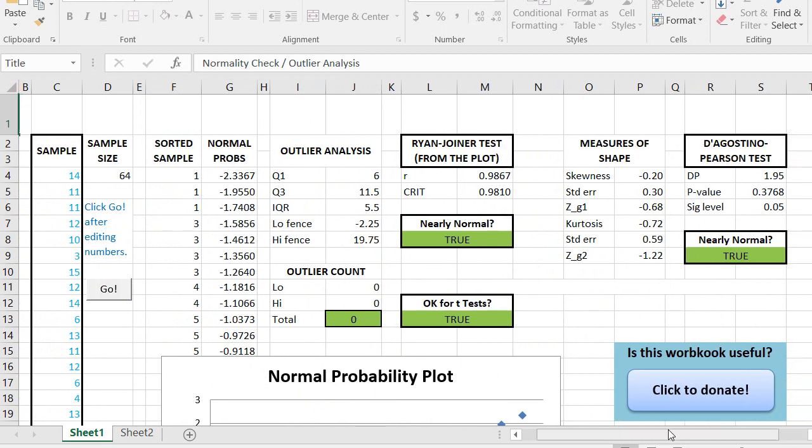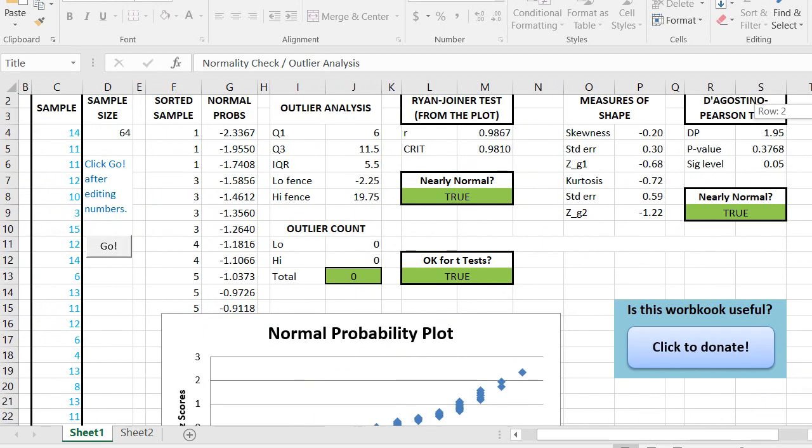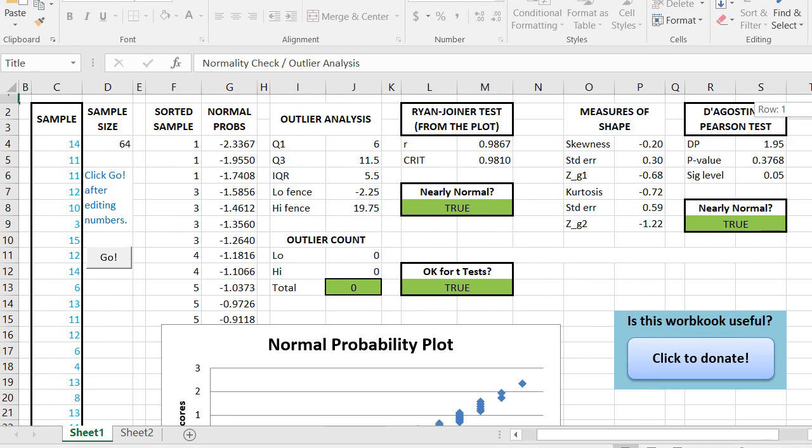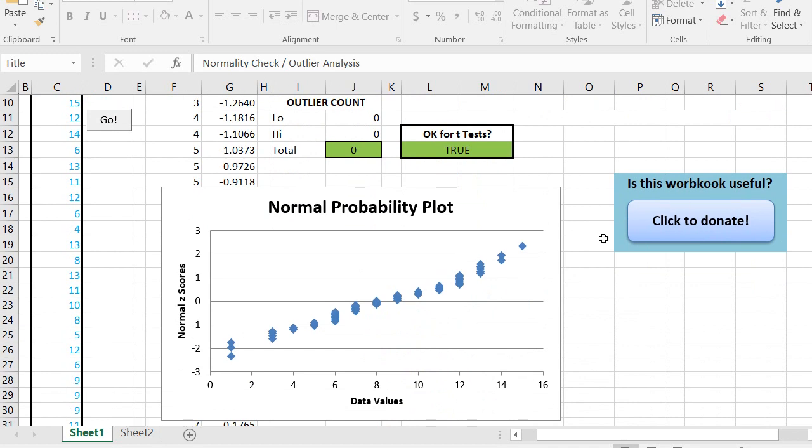And then we scroll over here, and it computes our quartiles for us, IQR, lower and upper fences, correlation coefficient from the plot, 0.9867. And here actually is our normality plot. And you're seeing that those are pretty close to a straight line. Now this one plotted the z-scores on the vertical and data values on the horizontal.